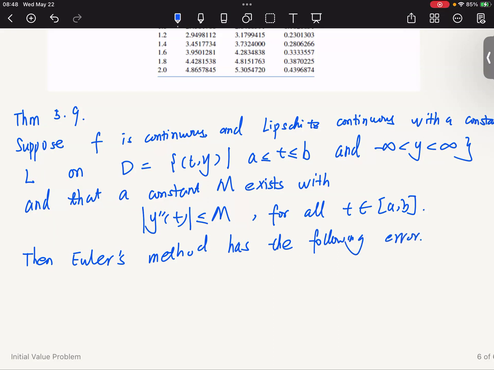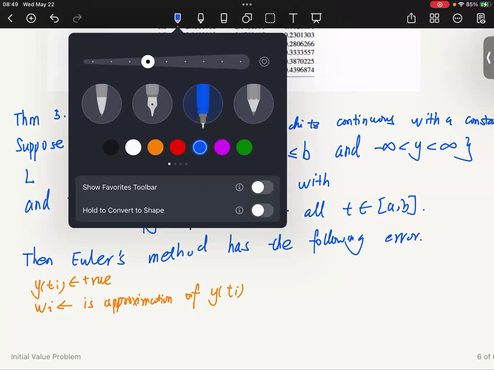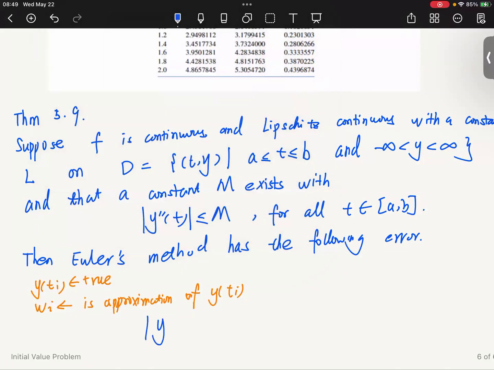I would like to remind you that y(ti) is the true solution evaluated at the time ti, and wi is the approximation of y(ti). The error is given by y(ti), the true solution, minus wi, the approximation by Euler's method, and it's bounded by h times M, where M is the bound for the second derivative, over 2L.